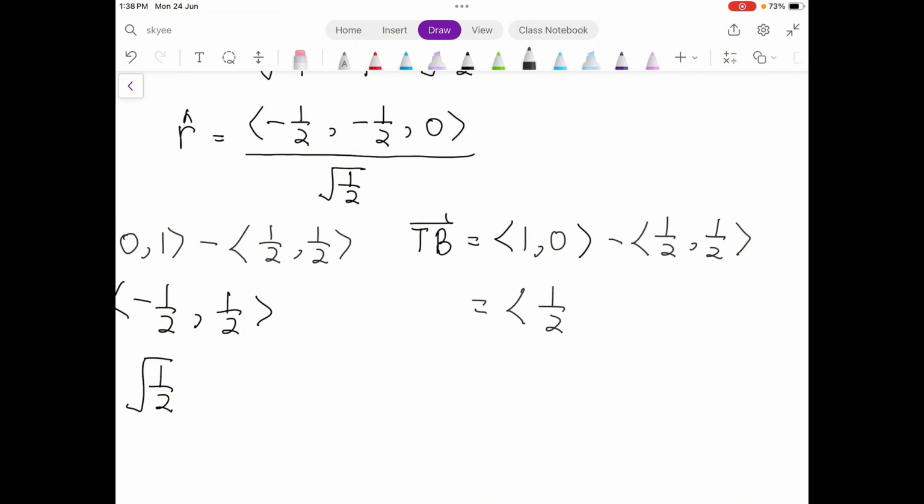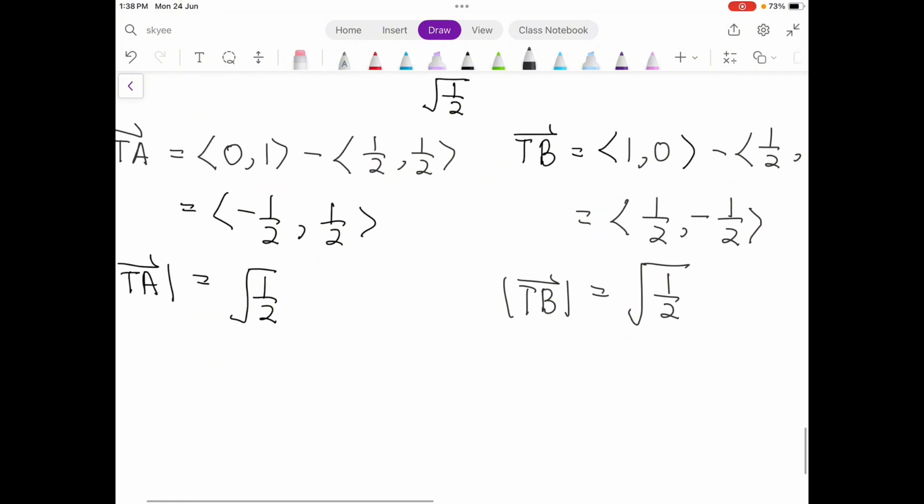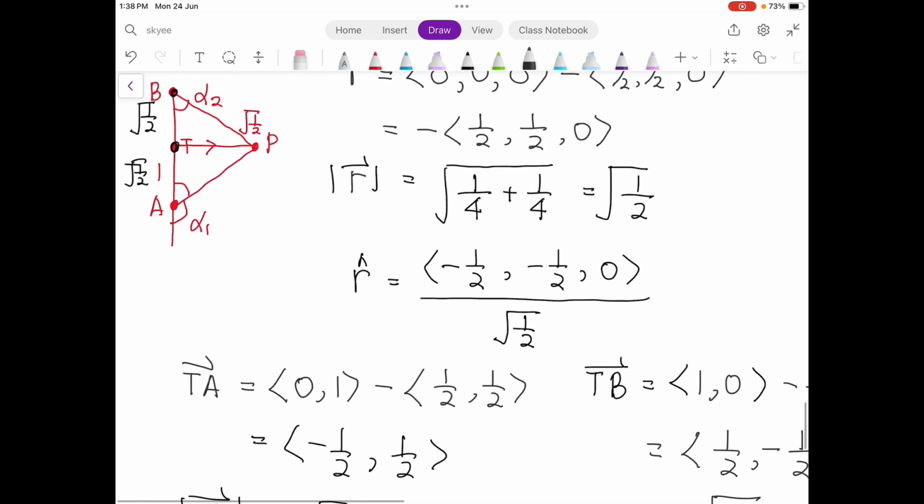1 over 2 minus 1 over 2. Okay, so the magnitude is the same as the TA. So it is 1 over 2 square root. Okay, right, you get the length already. Now only we find the angle.